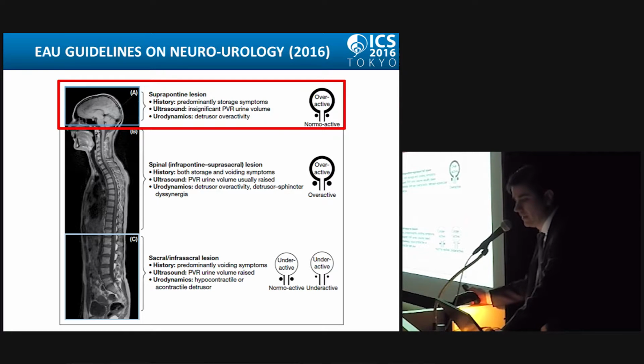But in here we can see the most common pattern of lower urinary tract dysfunction in patients with suprapontine lesions. So in the history we have predominantly storage symptoms. The ultrasound usually shows insignificant PVR, and the urodynamics usually shows detrusor overactivity for these patients.